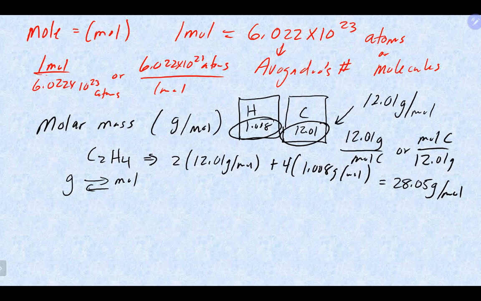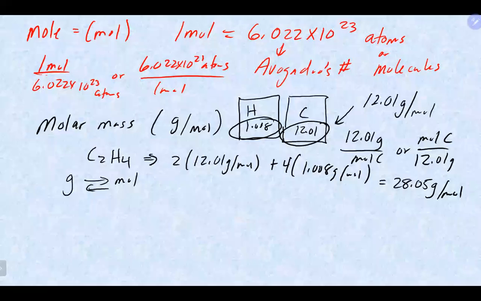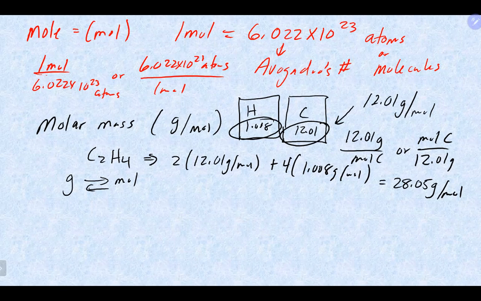Any questions on any of that stuff that we talked about last time? Yeah. So say one more time, the question asked to find. If they just gave you a formula and that's all they gave you, then that would probably be the molar mass they're asking about.